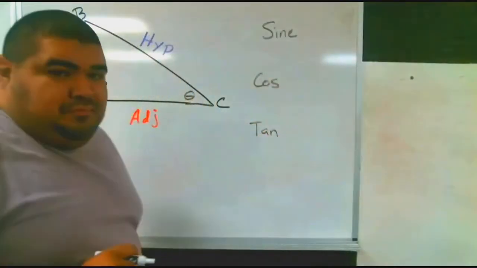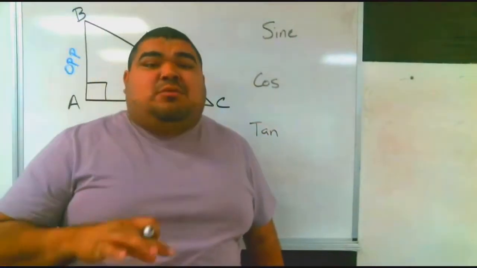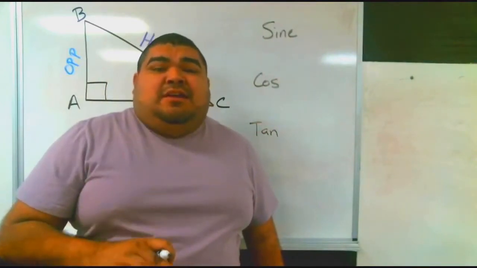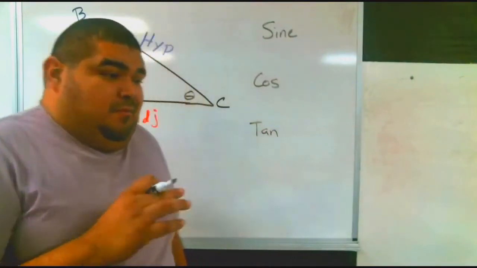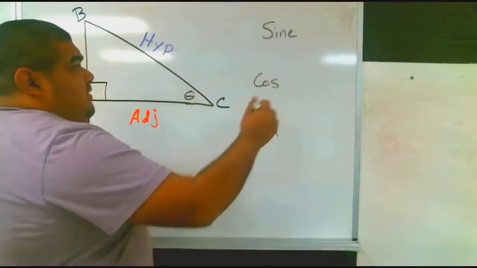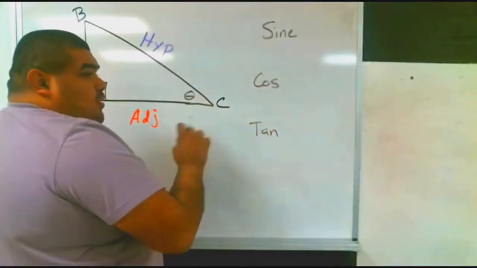Usually, trigonometry always revolves around this when it comes to triangles, to solve for a specific angle. For all three of these categories, there's a specific way to find that angle that you're looking for.